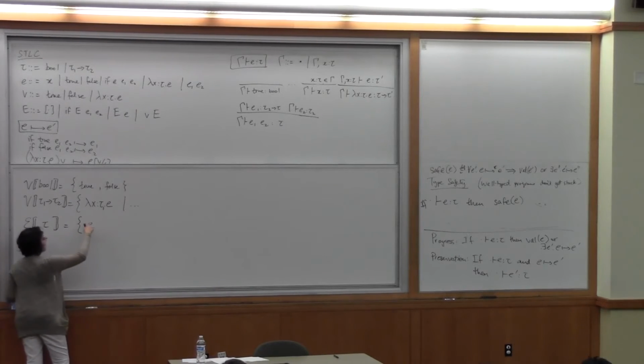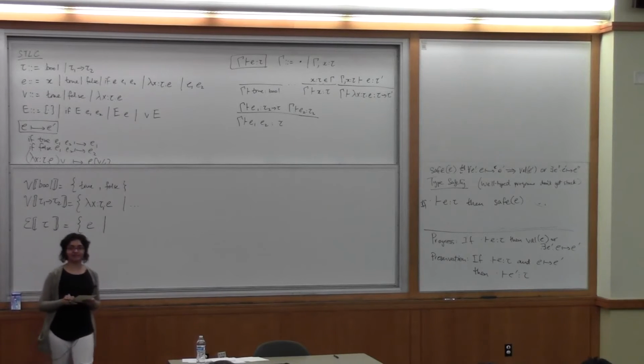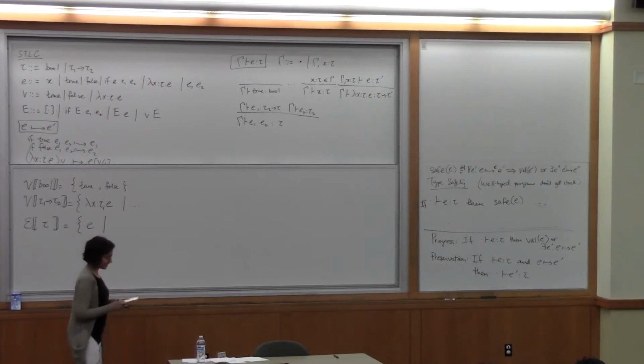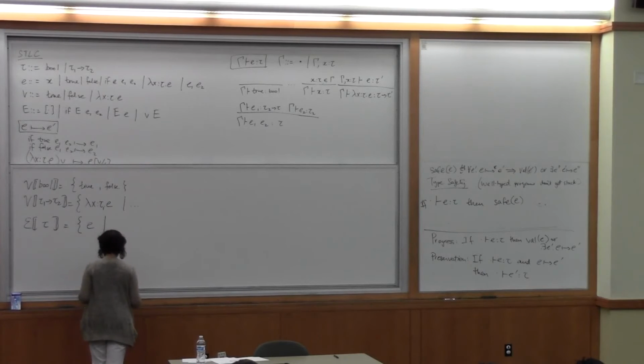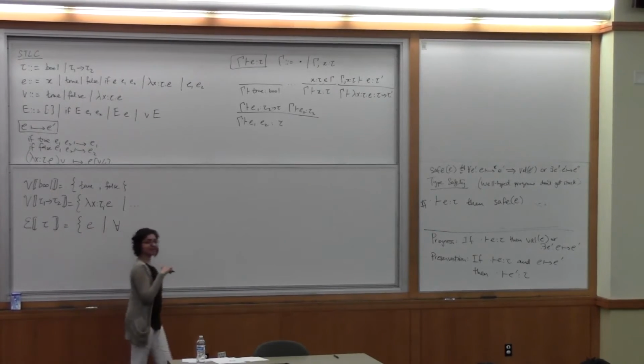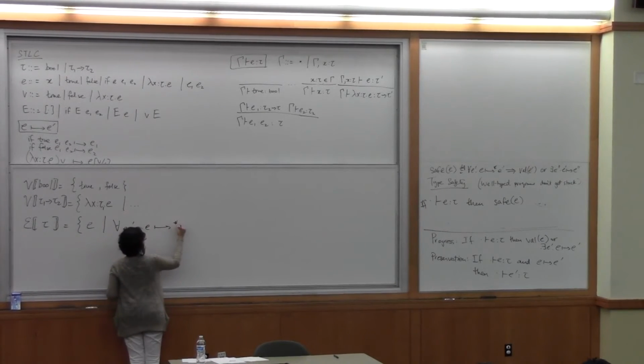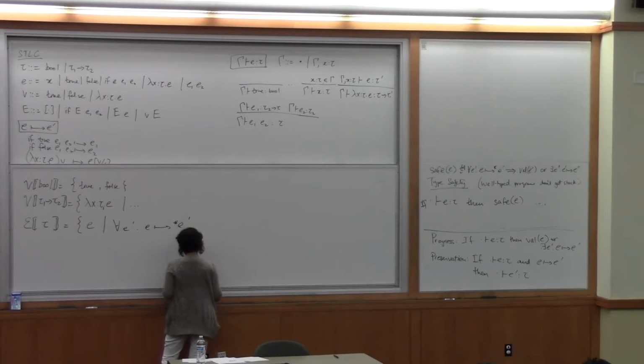So what I'm after here is to define the relation. I want expressions E to belong to this relation when they're safe. The way that I'm going to do that is by writing the definition of safe in here. So for all E prime, if E takes some number of steps and goes to E prime, and that E prime happens to be irreducible, it can't take another step.